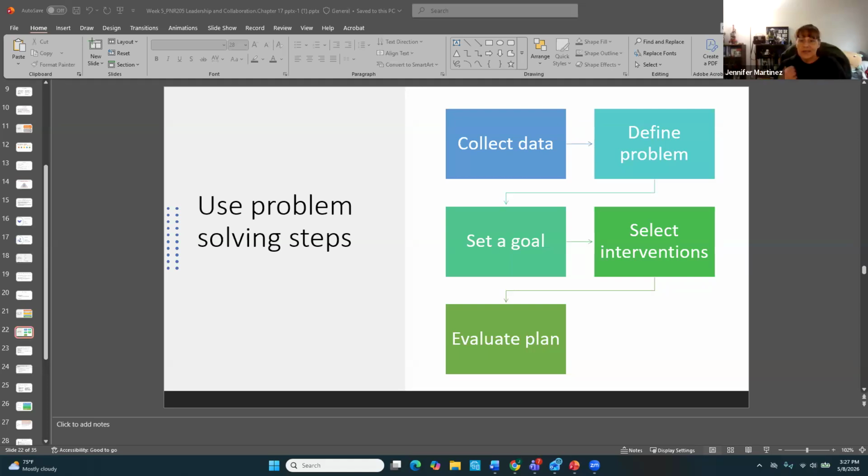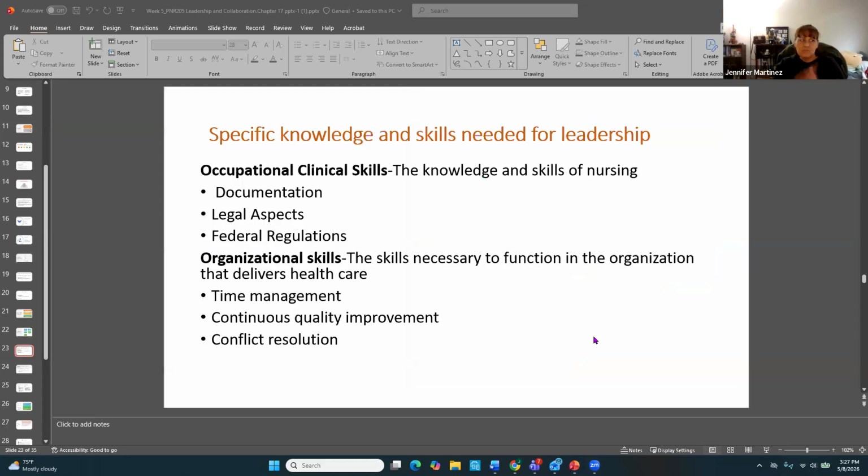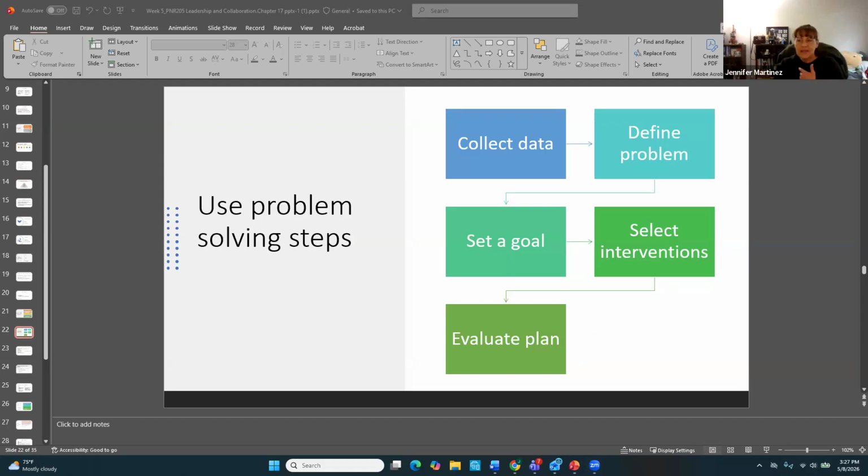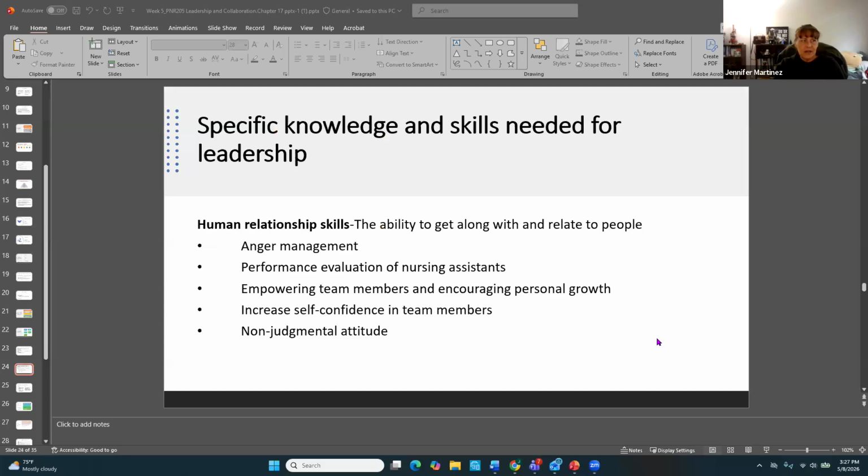Did it work or did it not work? If it worked, fine and dandy, no worries. If it didn't work, then we redo our interventions to try to get where we need to get to.